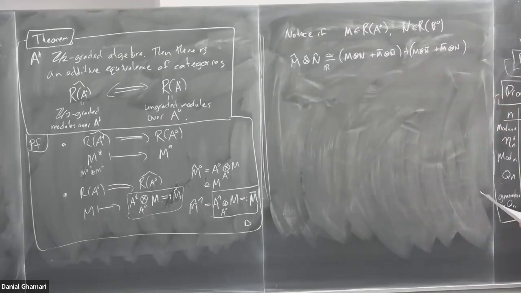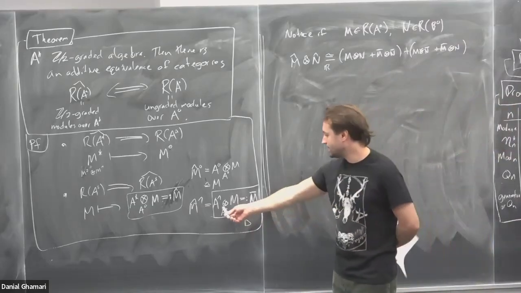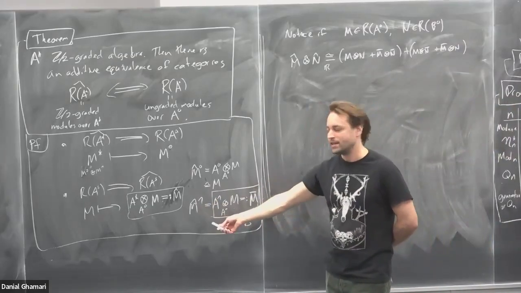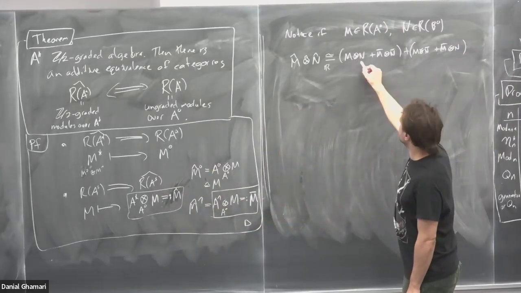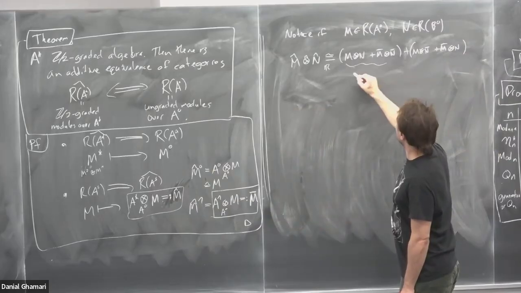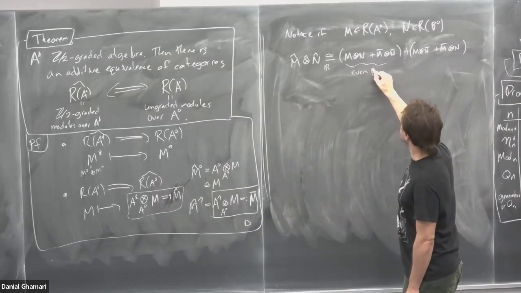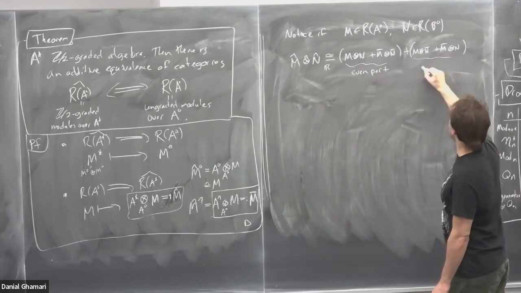What's the bar? The bar is the odd part of the module. So this is even tensor even, odd tensor odd. This whole thing is the even part. This whole thing is the odd part.